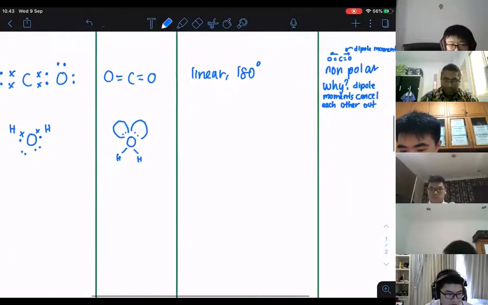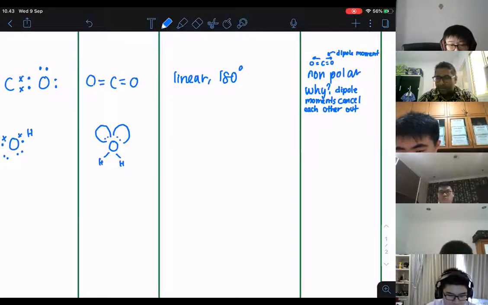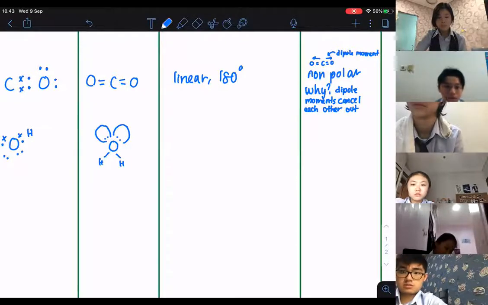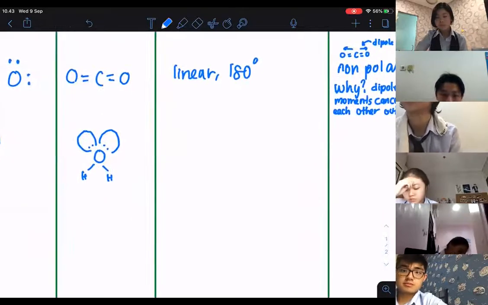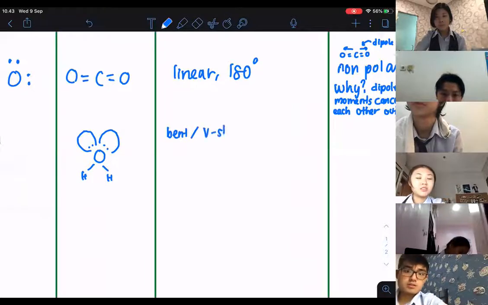So this one, the shape, there are 3 names for this. Megan, can you tell me the 3 names available for this shape for water? Bent, V shape, and I forgot the other one. Another one, something to do with linear.